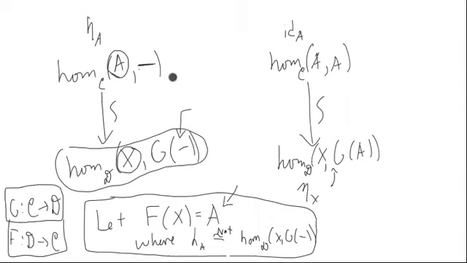So from Yoneda's lemma, we know that natural transformations from a Hom functor like HA right here, and a functor, any functor here, well, this functor right here is actually a composition of two functors, a Hom functor and a G functor.